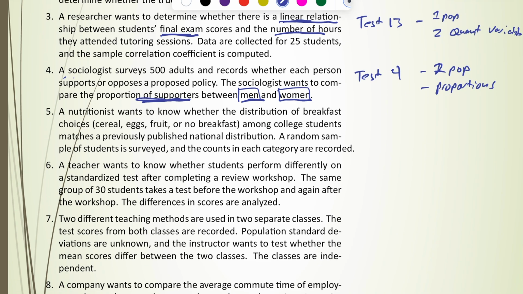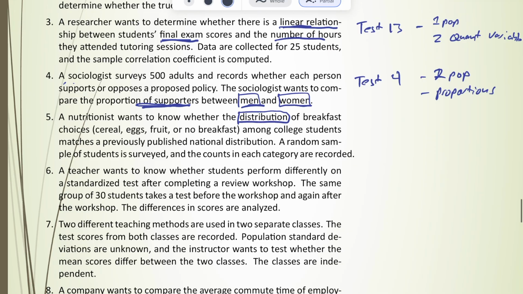A nutritionist wants to know whether the distribution, I'm thinking this is a chi-squared test, which we will recall is from tests 9, 10, 11, or 12. Okay, so it's a distribution. You have breakfast choices: cereals, eggs, fruits, or no breakfast, 4 categories among college students, matching a previously published distribution.